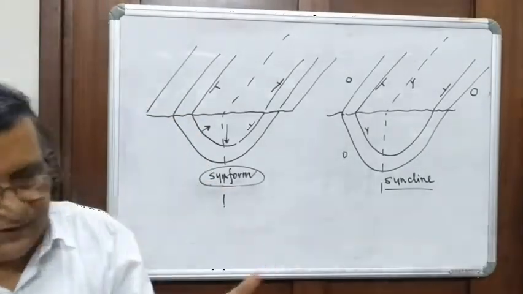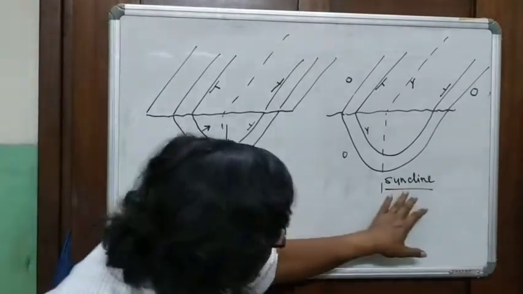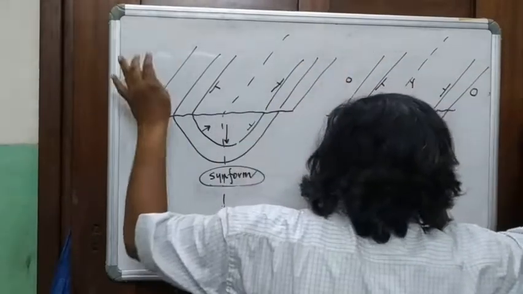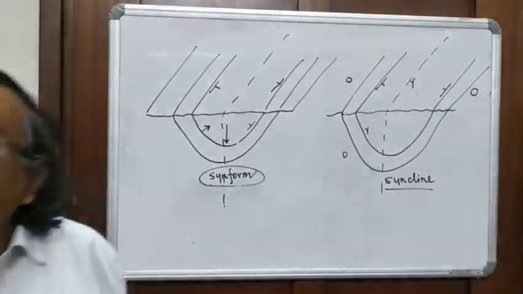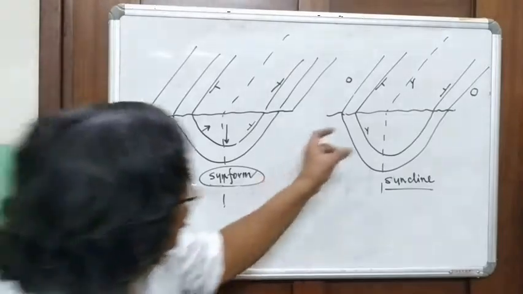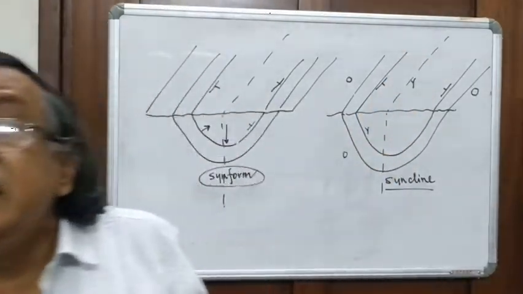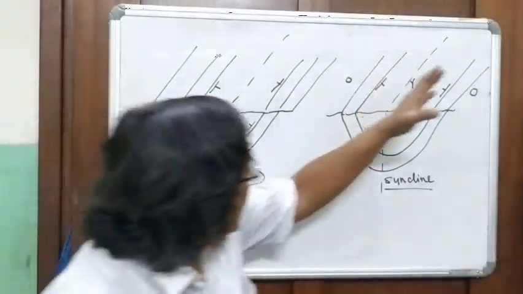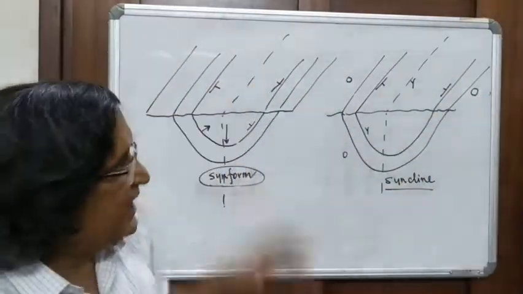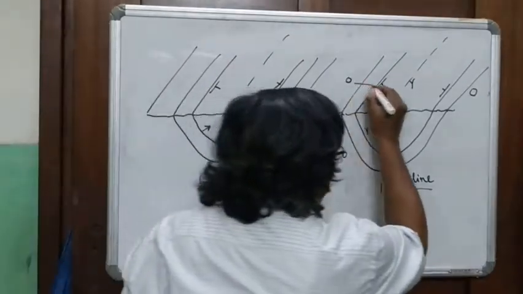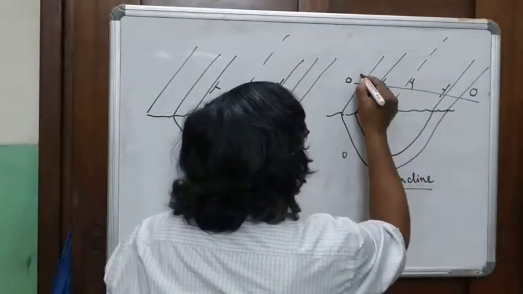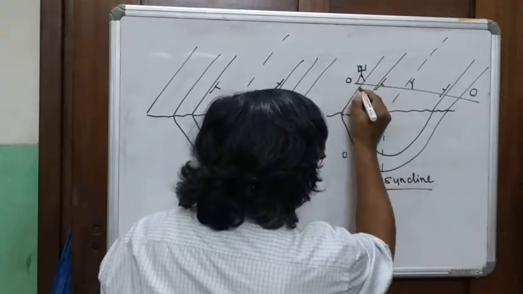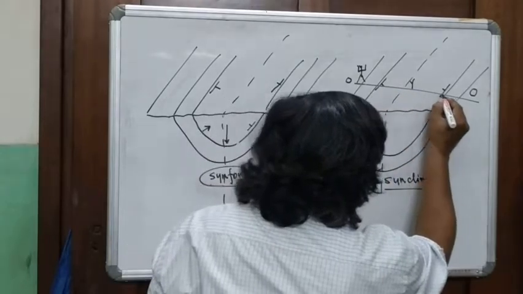Right? A layer or a strata or whatever it is. A syncline is essentially a synform where the flanks consist of older rocks and the core exposes the younger rocks. So if you move in the direction of the dip, standing here and moving in this direction, from old, progressively young, and again old.